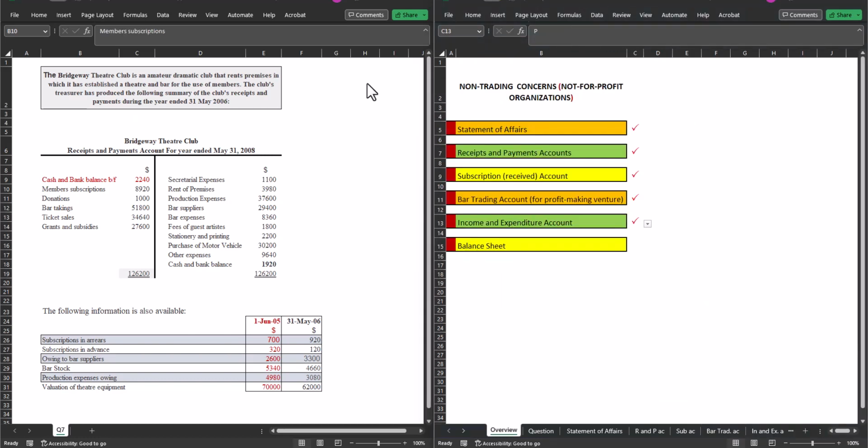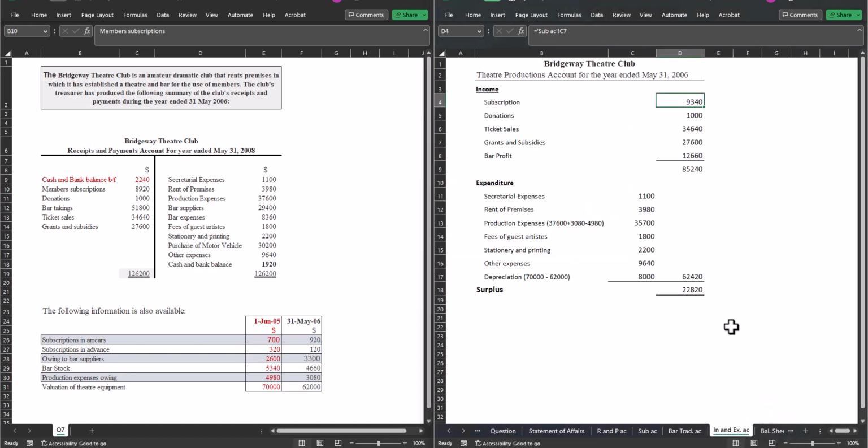Now, concerning the income and expenditure account, let's take a closer look. Income would typically be found on the receipts and payment account's debit side, whereas expenditure would typically be found in the receipts and payments on its credit side. Now, expenditure that is recorded in the receipts and payment account can be of two kinds.